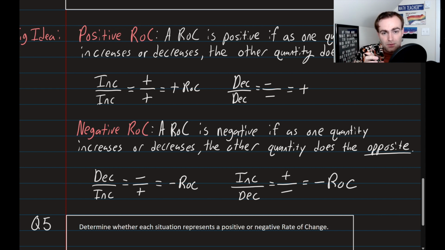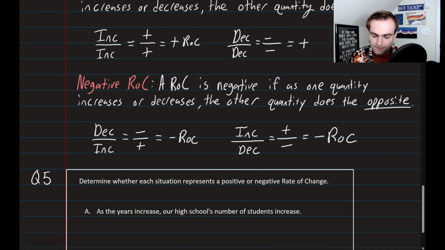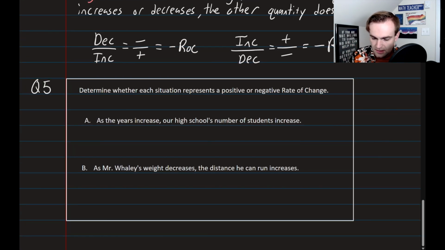So you would have a decreasing divided by an increasing, a negative divided by a positive, which would be a negative, or increasing divided by decreasing, a positive divided by a negative, a negative rate of change. I like to think of it in terms of the fractions because that helps it make sense in my own brain. So let's determine whether each situation below is a positive or a negative rate of change.